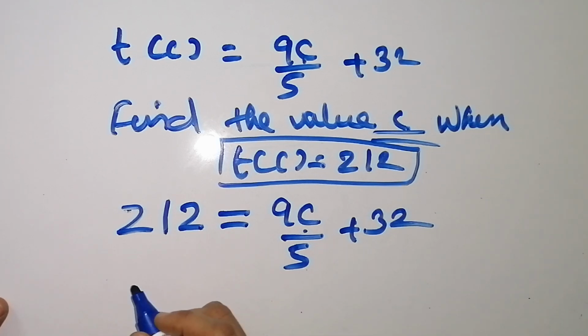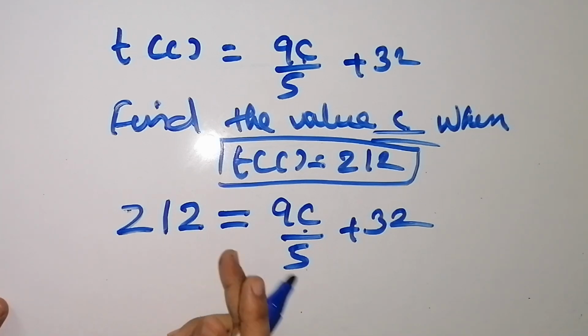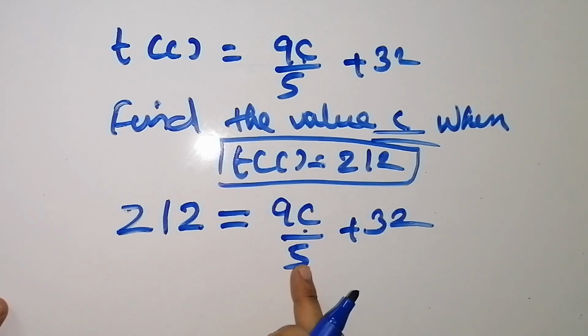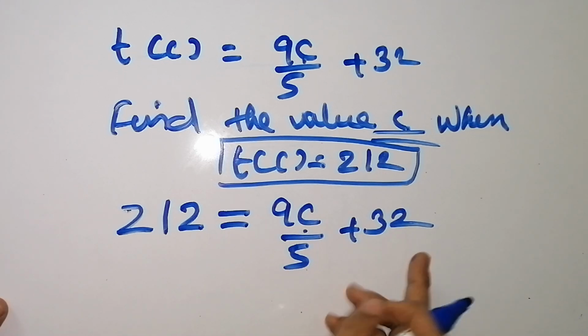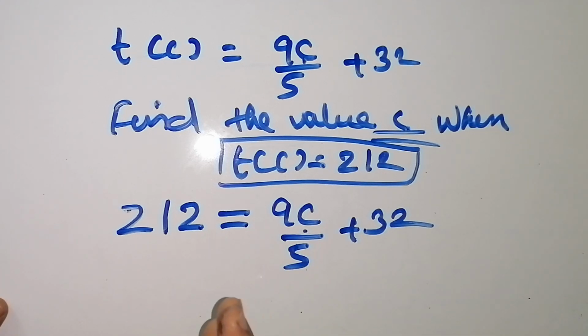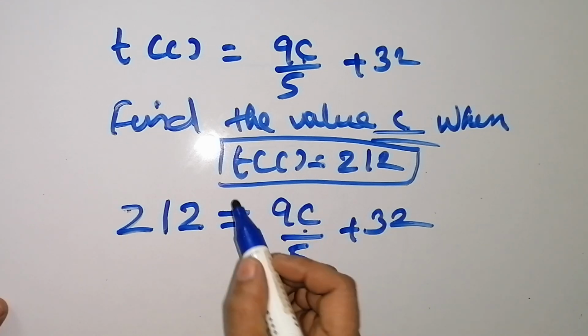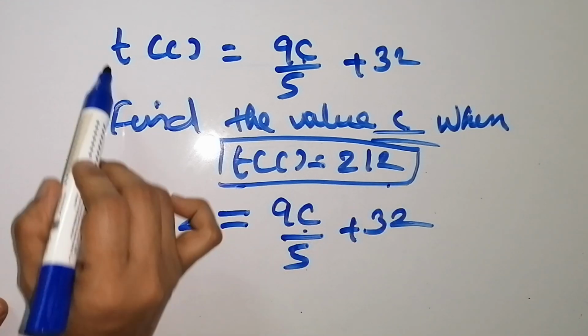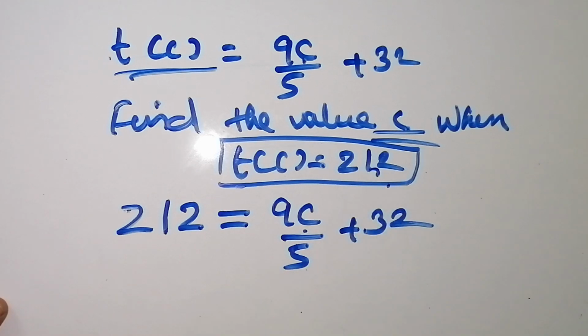Then move to our answer. 212 is equal to 9c divided by 5 plus 32. We write it like this because in our question they gave that T of c is equal to 212, so we replace T of c with this number.